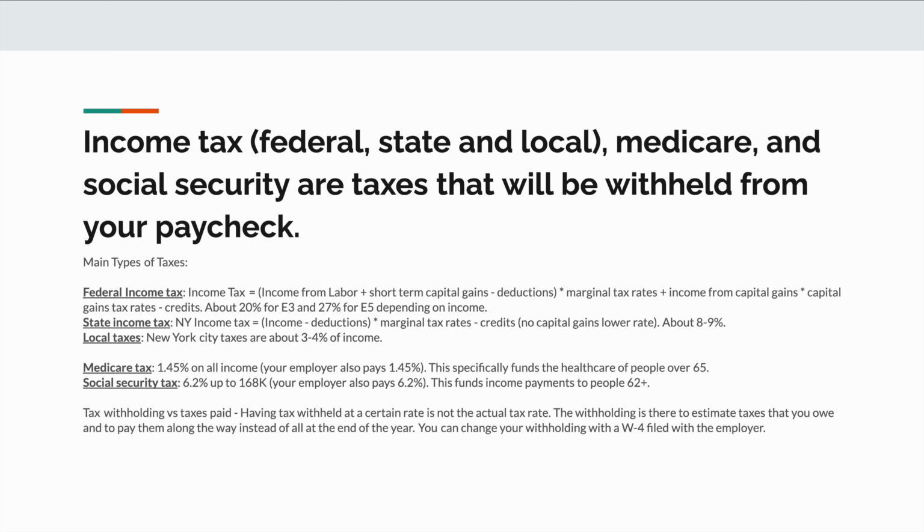If you paid more than the taxes you're owed, you're going to get a refund because you paid too much based on what you owe. And if you did not pay as much in your tax withholdings as what you owe, then you're going to need to pay the difference at the end of the year.